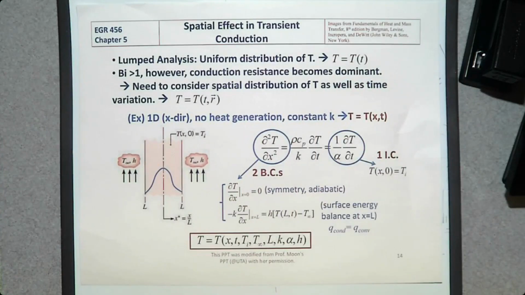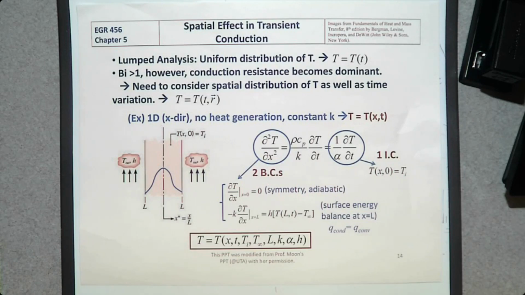So in reality, if you cannot assume lumped system, that means you have a significant temperature gradient in the solid, right? So you cannot neglect the left-hand side of this heat equation. So the left-hand side, you have a partial differential equation, second order. That means you need to have 2 boundary conditions. And right-hand side, you have a time derivative.